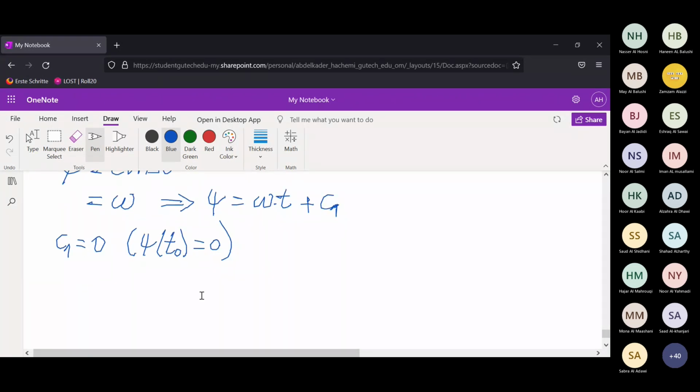Then we get C1 is 0, and xi is equal to omega times t. This is the expression of xi, the angle.